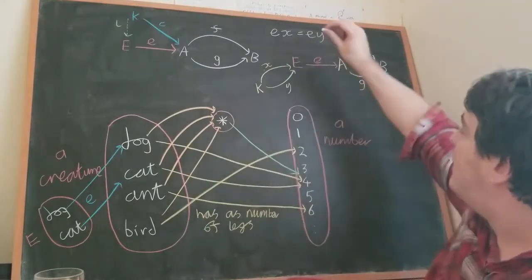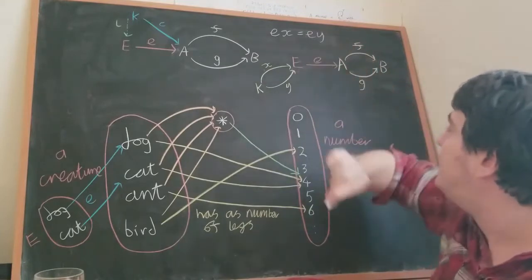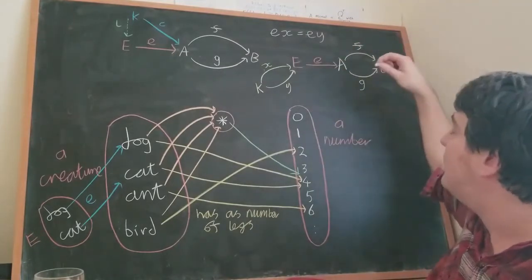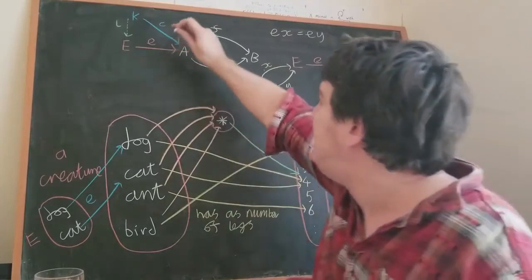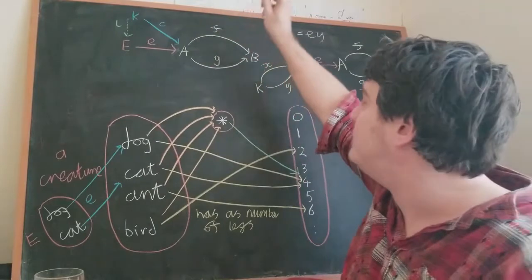Well, what do we know about e? We know it's the equalizer of f and g. Okay, so let's just recall what it means for e to be an equalizer of f and g.